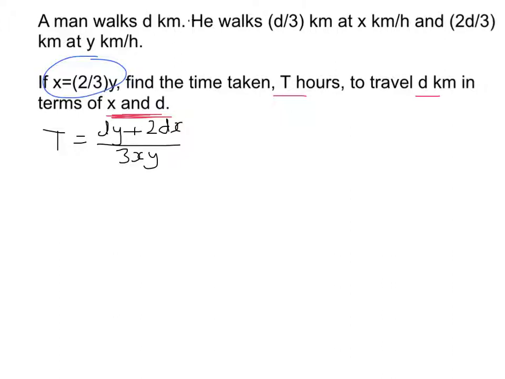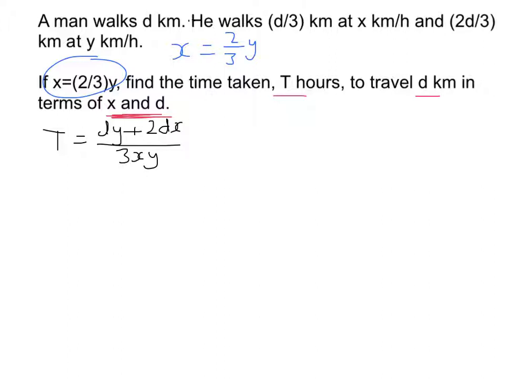What we're going to do is rearrange that equation. So if we've got x is equal to 2/3 of y, then we need to rearrange that one, so we need to leave y on its own.